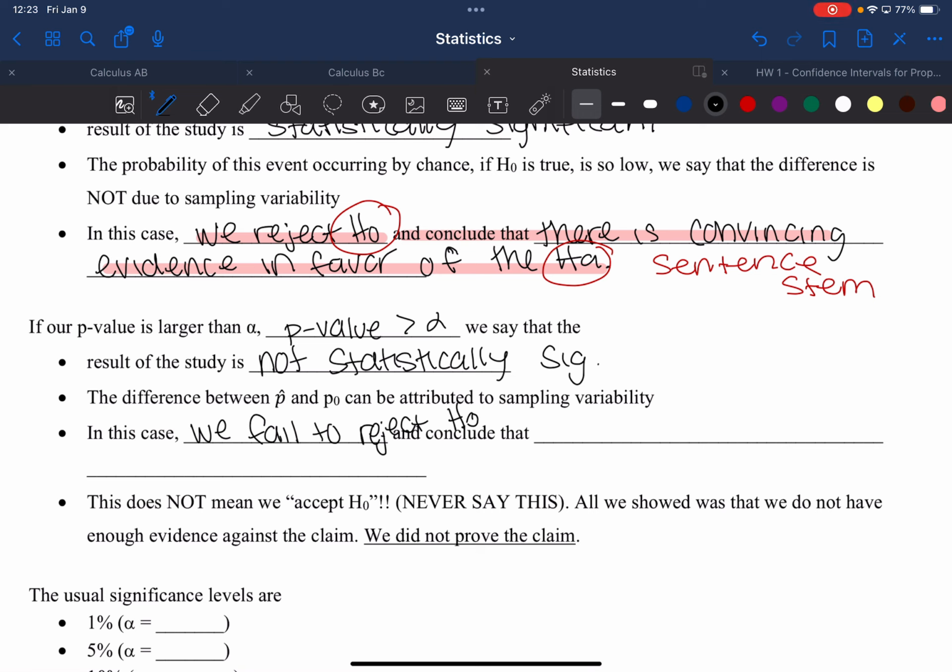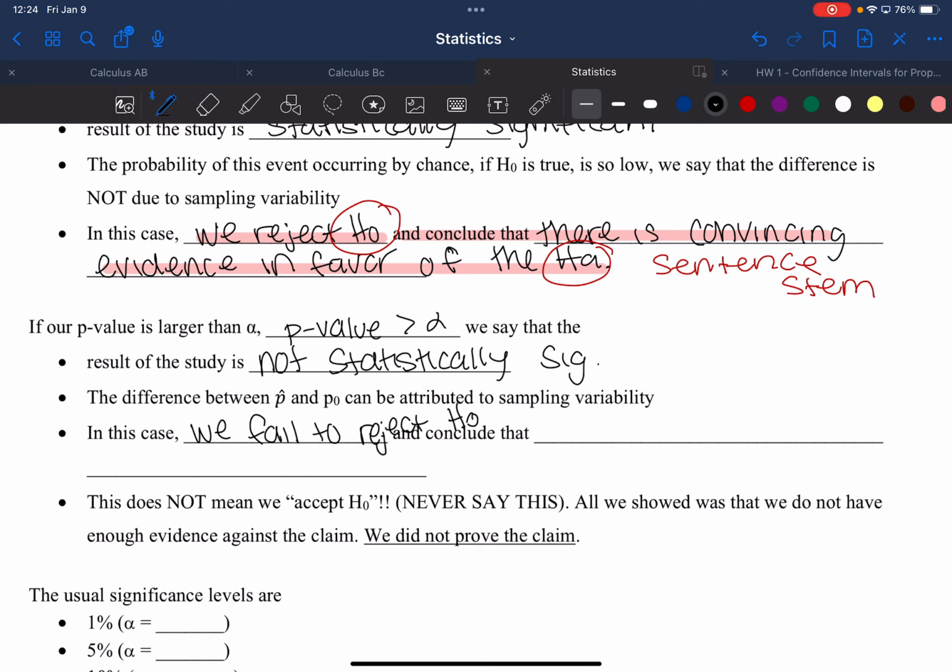We never say we accept the null hypothesis. We always say we fail to reject, because when you say you accept something, then you are saying that this, without a doubt, can never, ever happen by coincidence. And we're not saying that. We're saying it's more likely that it would happen by coincidence than not.